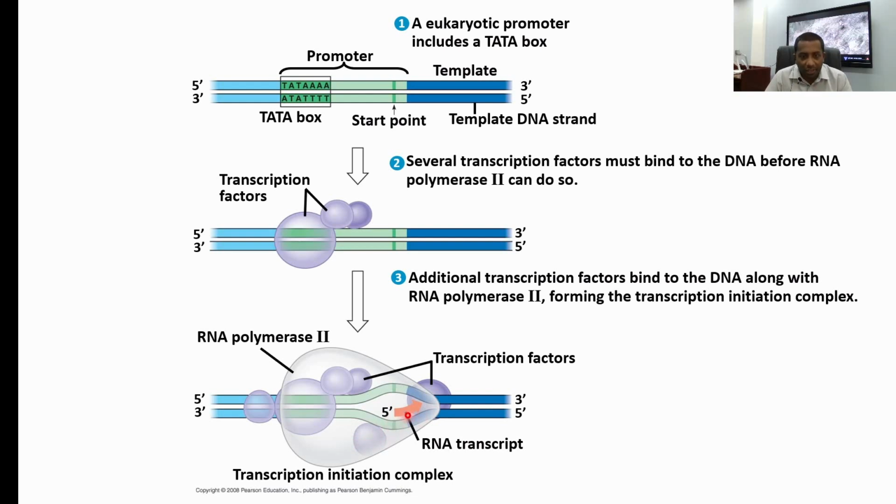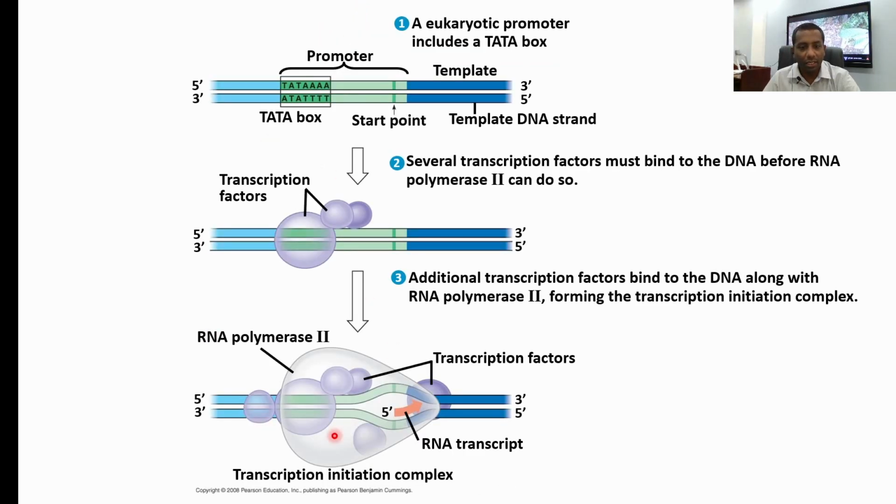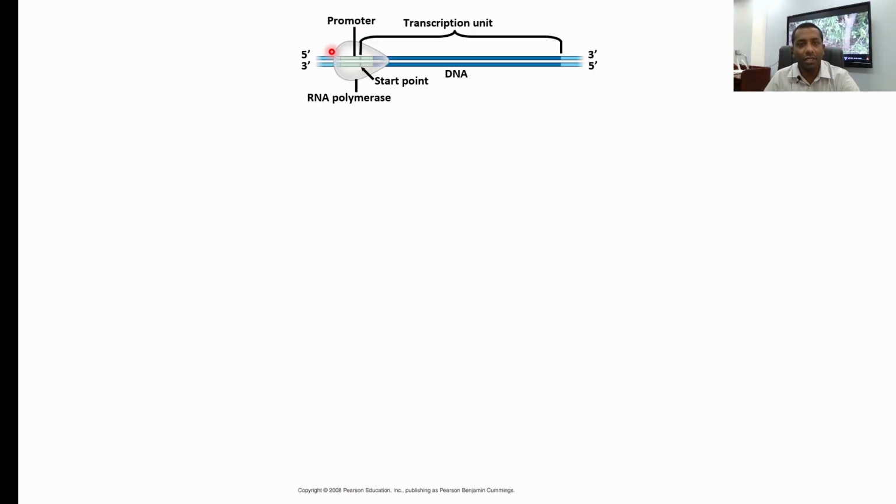You can see here RNA is now transcribed. Okay, let's go through this once again. Here's the region of the gene where we want to transcribe. Now we have the transcription initiation complex, including the RNA polymerase.